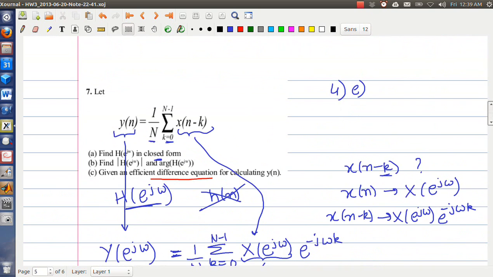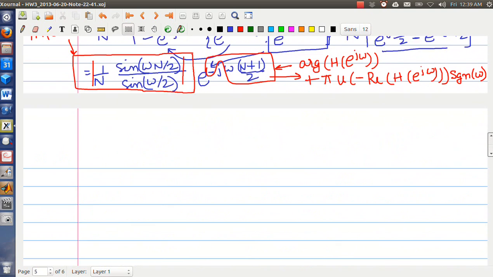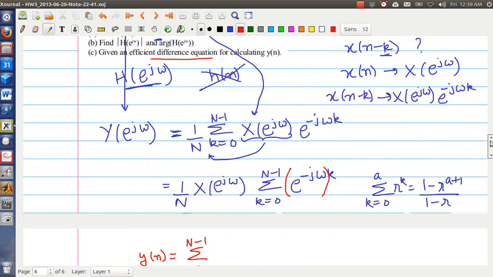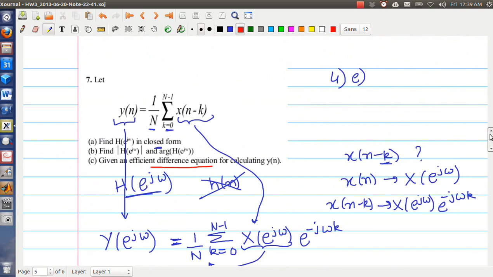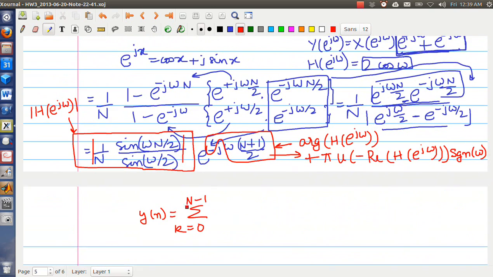In part C we are asked for an efficient difference equation for y of n. The equation for y of n that we know is y of n equals sum over k going from 0 to n minus 1 of 1 over n x of n minus k.